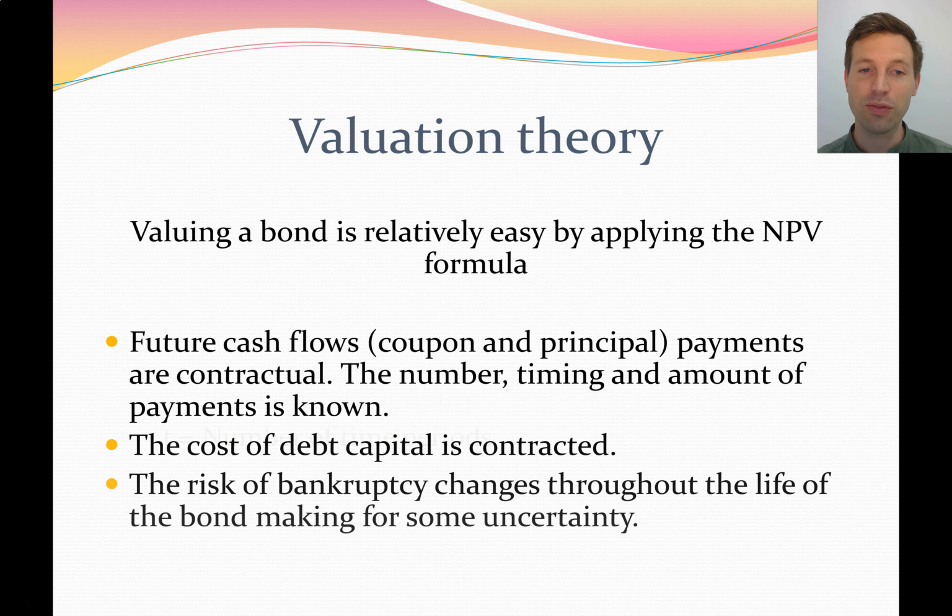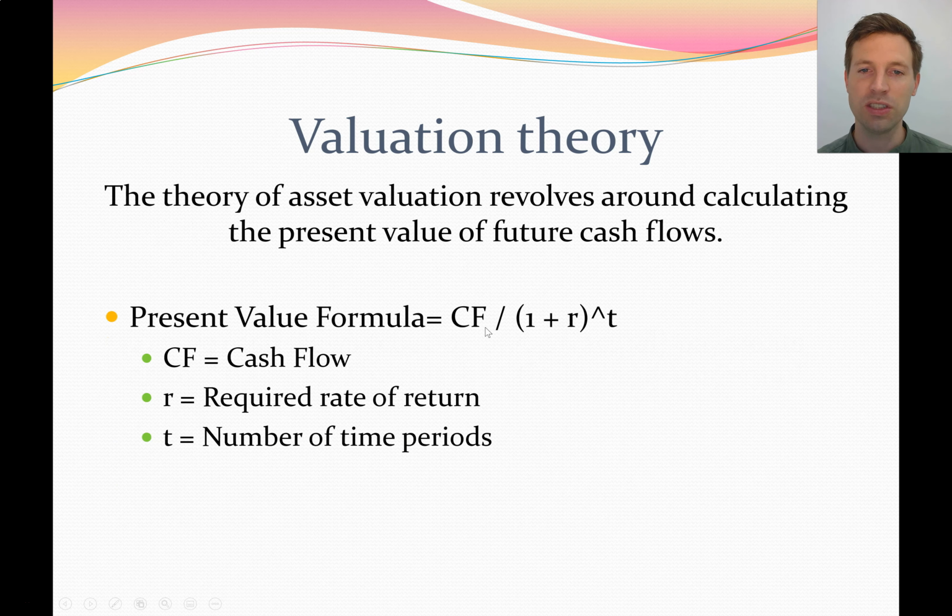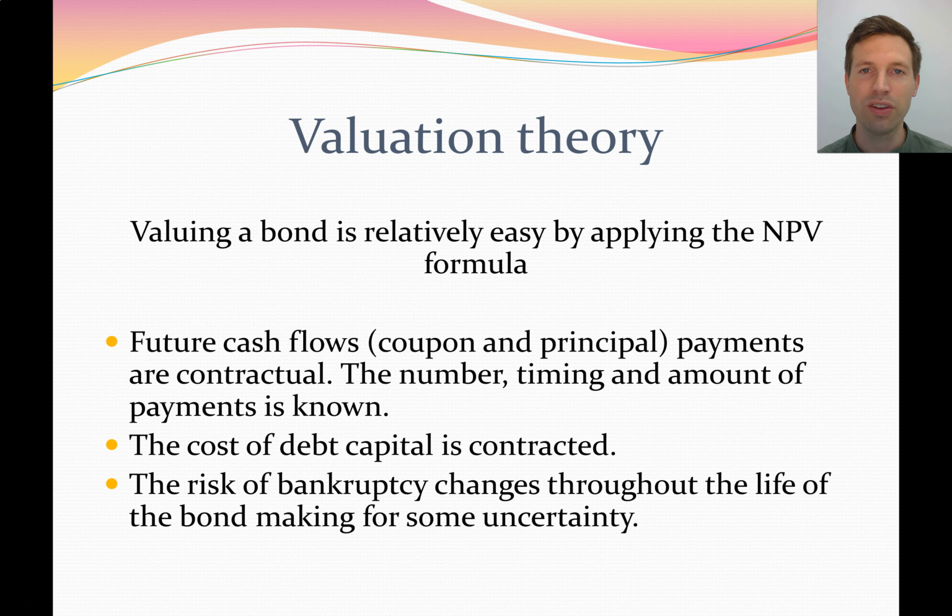So when we apply these present value formulas, the cash flows are known, the times are known, and the interest rate is known. So it makes the valuation of a bond relatively straightforward because we know a lot of the inputs into the formula. However, there are still some complexities, and the risk of bankruptcy for a firm will change throughout the time, so that will change the risk level of a bond as well, so that will lead to some changes in the pricing of the bond.